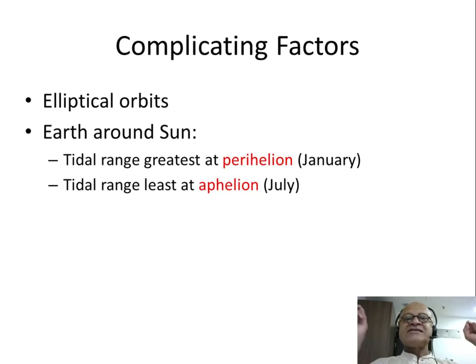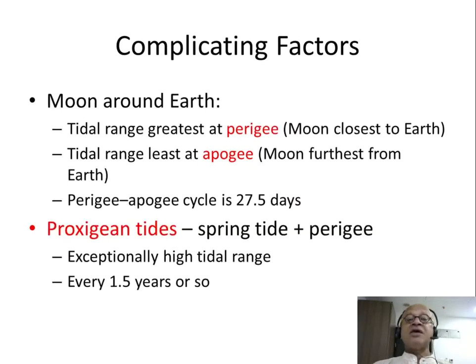So perihelion is the closest point to the sun, aphelion is the farthest point from the sun. That's another complicating factor because the solar tidal forces are going to depend on the change in the distance. And remember, tidal forces go as 1 over r cubed. So that's going to make a difference.